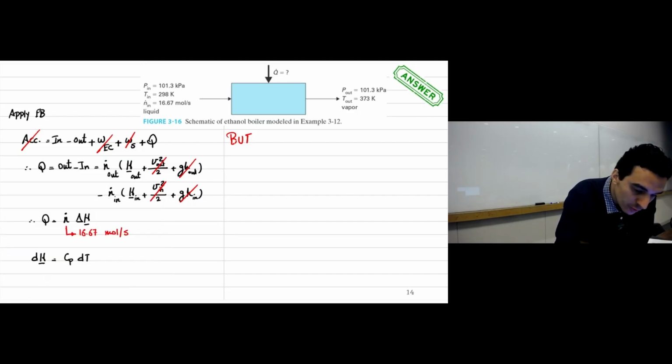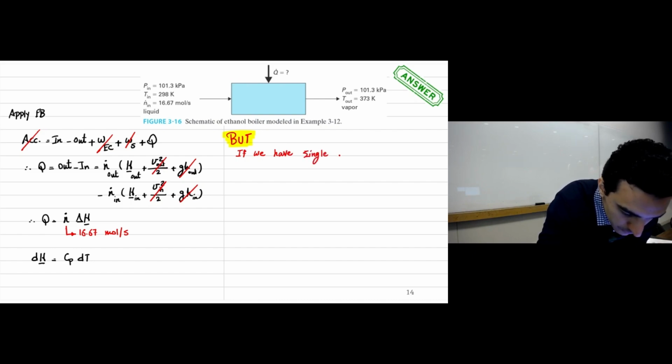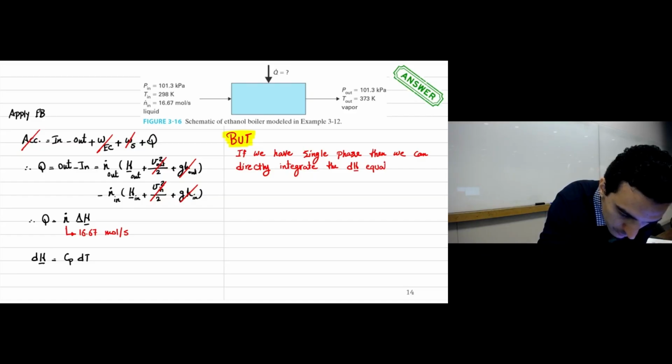So if we have a single phase, then we can directly integrate the equation to find the change in the enthalpy.